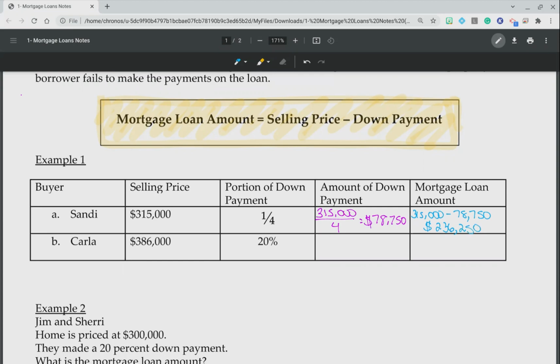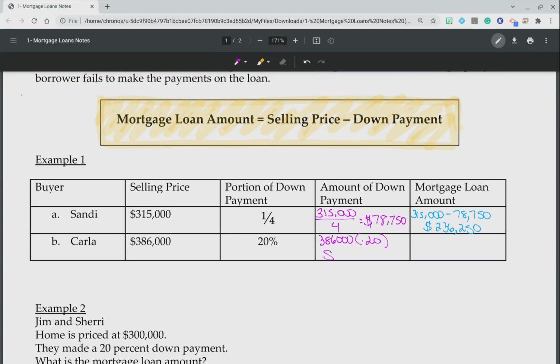Okay, now that's an example where they put down a fraction of the selling price. Most of the time, you're going to put down a percentage, like 20% of the selling price. So to figure out that number, similarly, I'm going to take the $386,000 and multiply that by 20%.